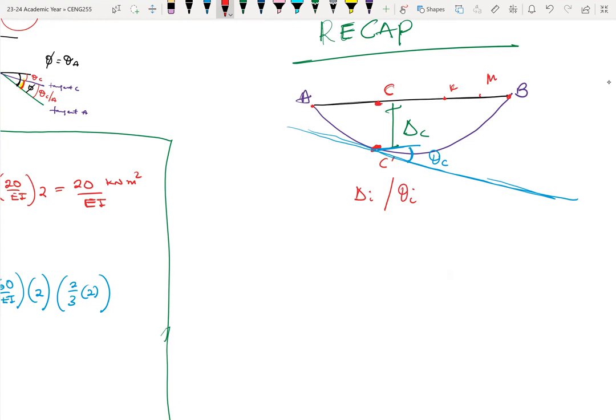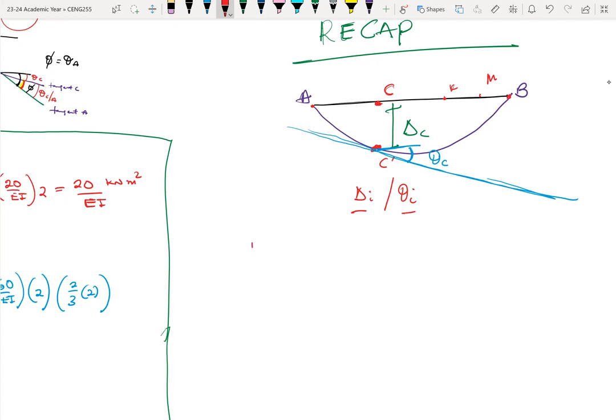But the moment area method is defined in such a way that you cannot generally find the deformations and rotations of the points as they are. You need to find them with respect to other points. And that's how we have the two theorems.